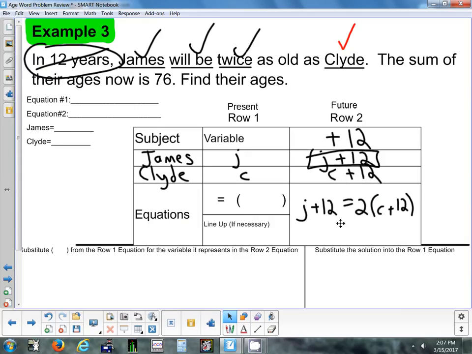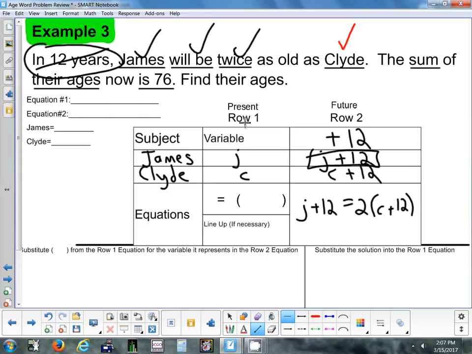So now, like I said, it's reversed this time. The past or the future sentence came first. It's a little bit different than what we've done so far. Now I'm dealing with the present. The sum of their ages now is 76. What does sum mean? What math operation? Add.